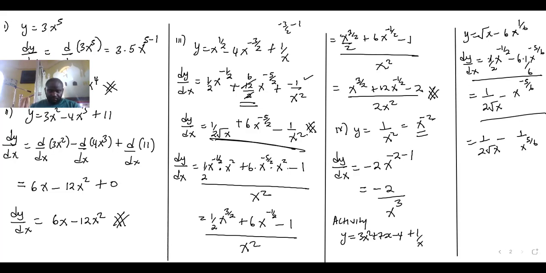I've got 6x minus x out of x squared plus 7. 6x plus what? Plus 7 minus x out of x squared.